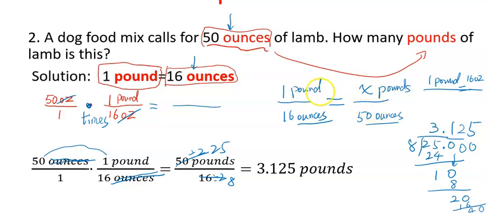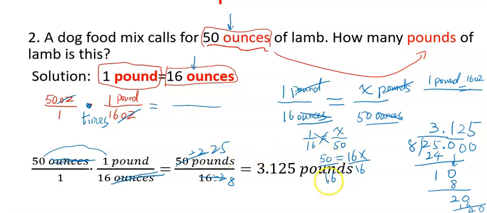So once we set up these pounds and the pounds cancel out, ounces and ounces cancel out, we can get a proportion like this, and then we can cross multiply, which gives us 1 times 50 is 50, 16 times x is 16x, and then we divide both sides by 16. As you can see, it's still going to be the same as what we did here.